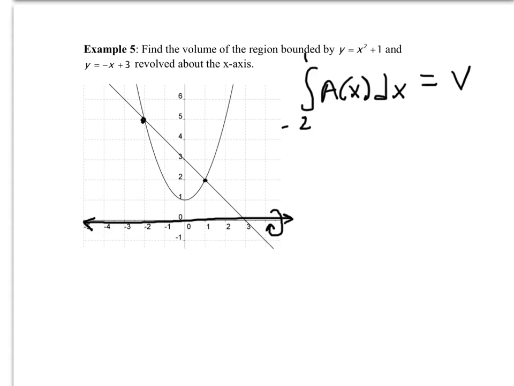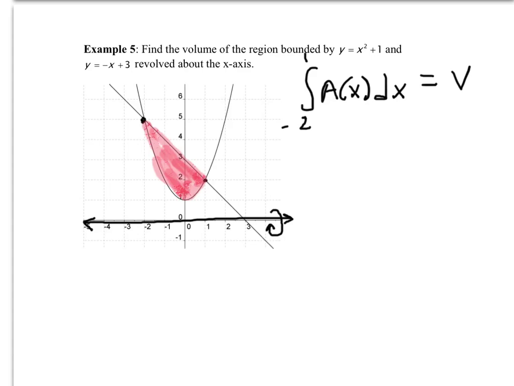So if you would like to take a look at the shaded region here, let me go ahead and darken that up. We're talking about this little region. Your only job right now until I see you guys again is to understand why this is going to have to be a washer method.